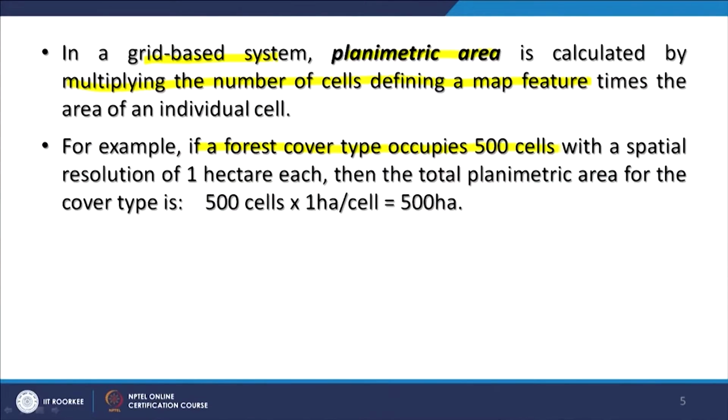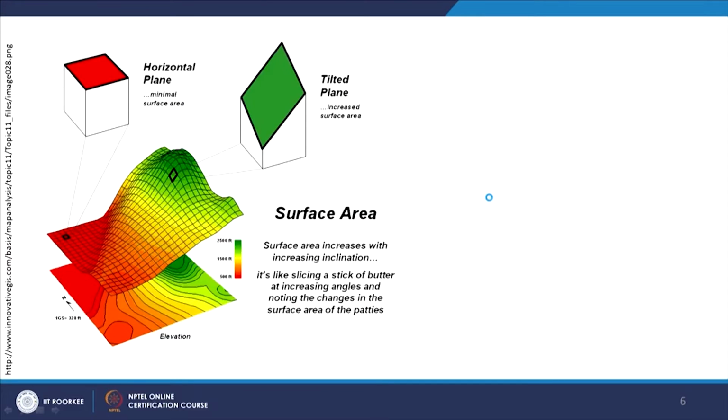For example, if a forest cover type occupies 500 cells with a spatial resolution of 1 hectare each, then the total planimetric area for the cover type is 500 multiplied by 1 hectare per cell, equal to 500 hectare. Simple calculations. But when we go for surface area or surface length calculations, things will be different.